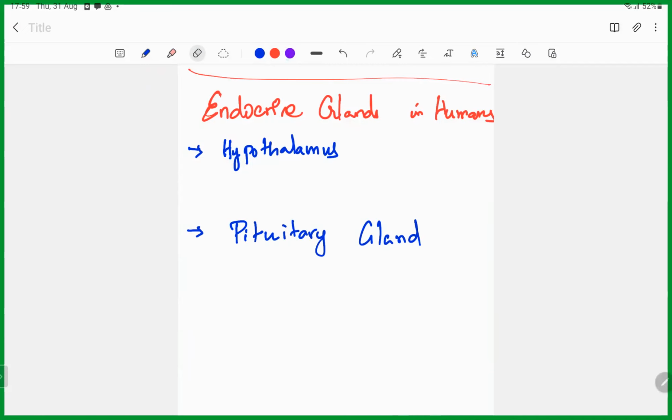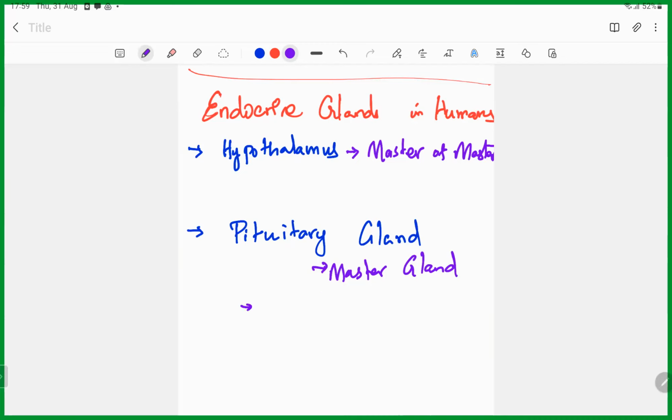Hypothalamus is also called what? Master of master gland. Why? Because pituitary is the master gland. Pituitary is the master gland, and hypothalamus is called master of master gland because hypothalamus controls pituitary.